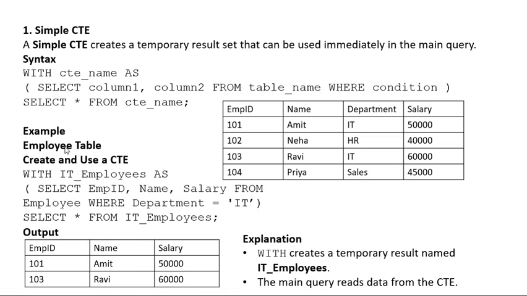As an example, an employee table has fields like employee ID, name, department, and salary. So WITH, and the CTE name is IT_employee AS, and inside the subquery SELECT employee_id, name, salary FROM employee, the table name, WHERE the condition department equals IT. So all the IT department data has to show.